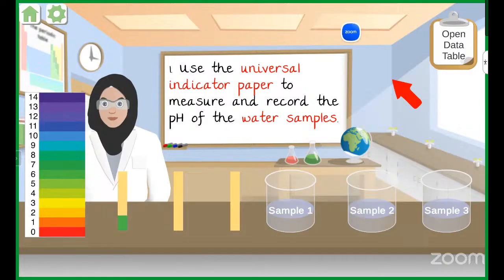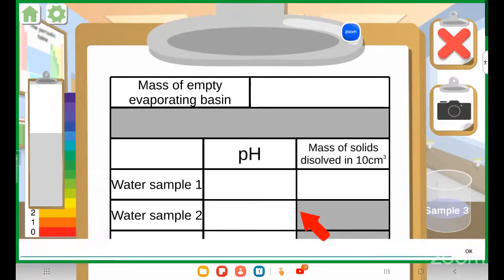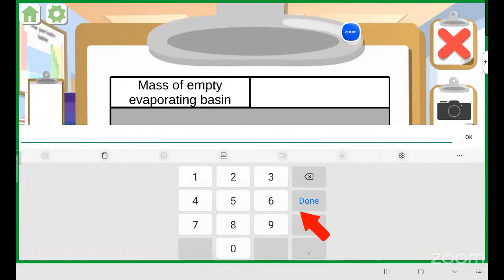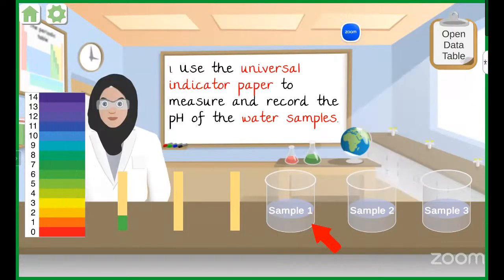So what is the pH of sample 1? 6. Good. So we can record the pH for sample 1 to be 6. Then we do sample 2.